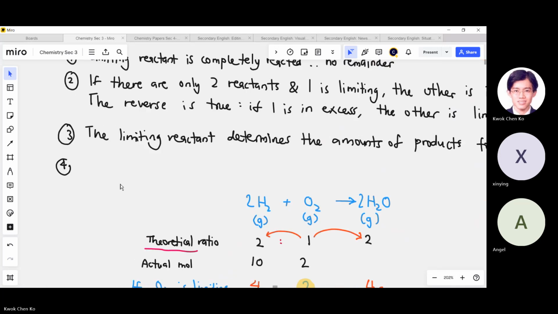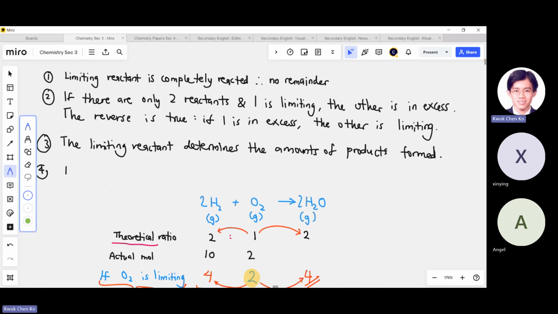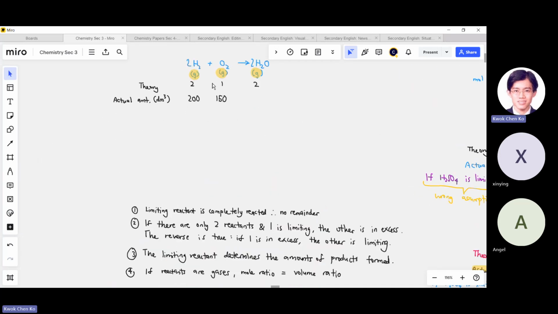If the reactants are gases, the mole ratio equals the volume ratio, provided both reactants are gases. In this case, it satisfies that condition.